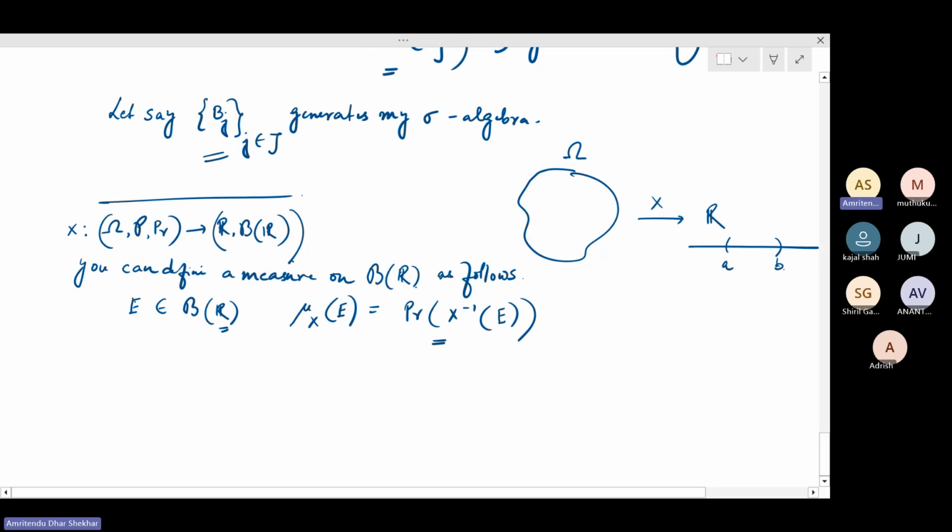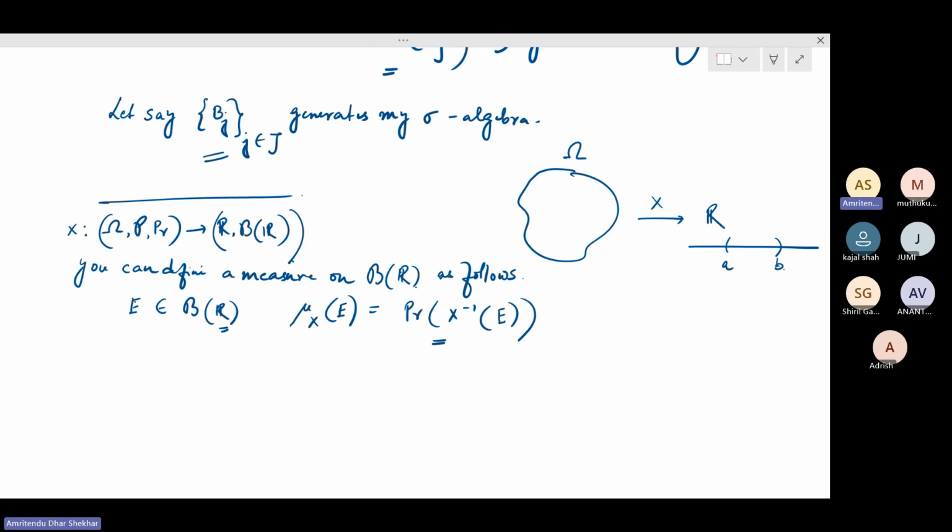But you can assign a measure to it by considering the event which is x inverse of A comma B.